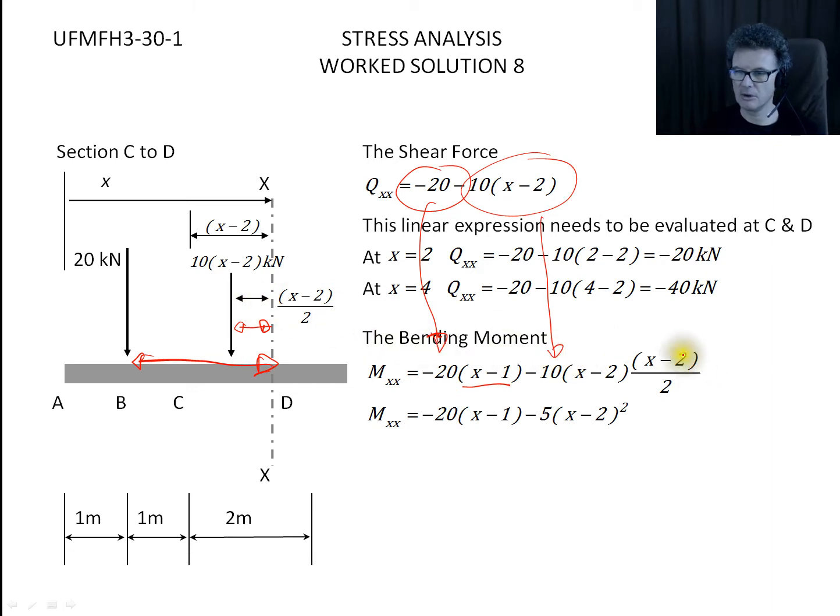And since these two things are the same, we could rewrite this as 10 (x minus 2) squared, divided by 2, and then I could absorb the 2 into the 10. So I've done that there. So I've got an equation now for M for this particular region.